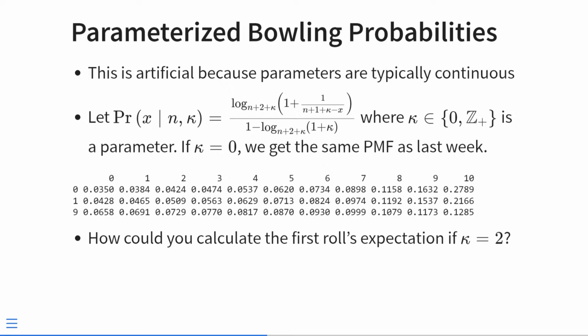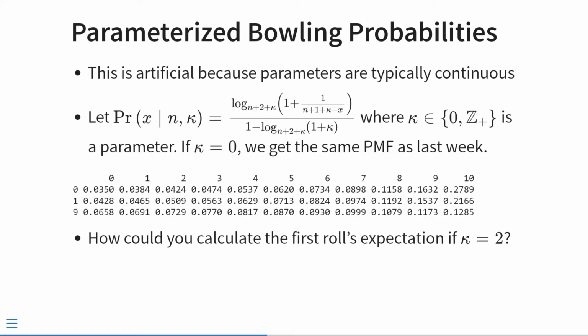So how would you calculate the expectation of the first roll given that kappa is 2? And you might have noticed that the PR function in bowling.r that we have now has 3 arguments, x, n, and kappa. But kappa defaults to 0. So if you call it with the default values, you get the same thing as last week.